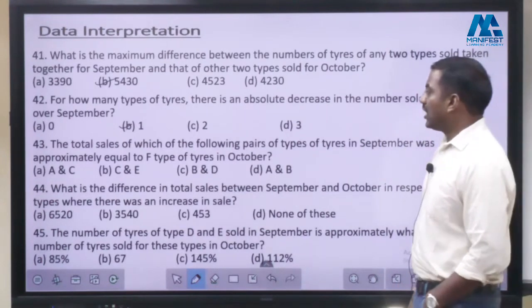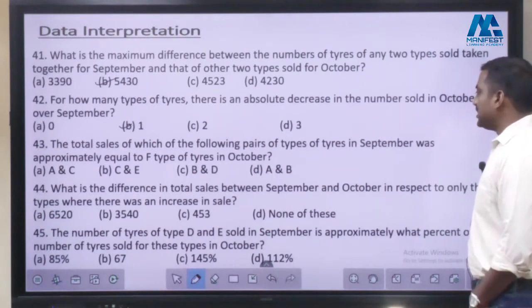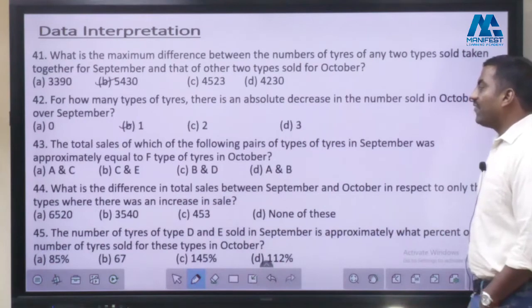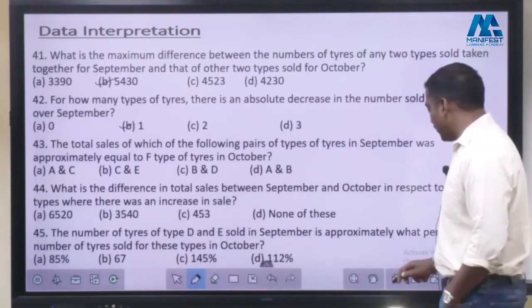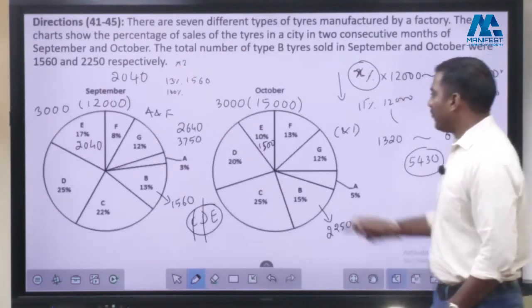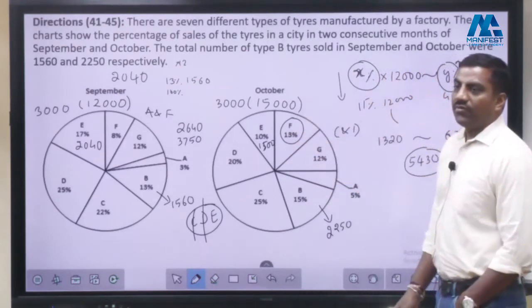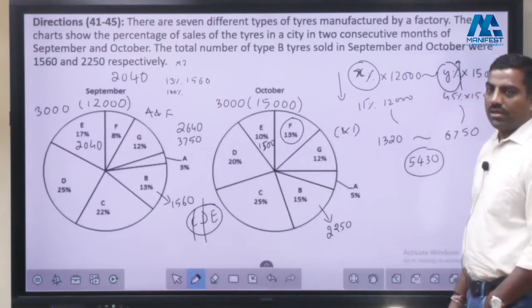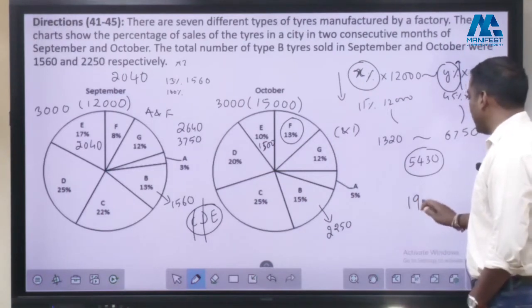Then, the total sales of which of the following pairs of types of tires in September was approximately equal to F type of tires in October. Look at F type of tire in October. 13% of 15,000, that is 1950.